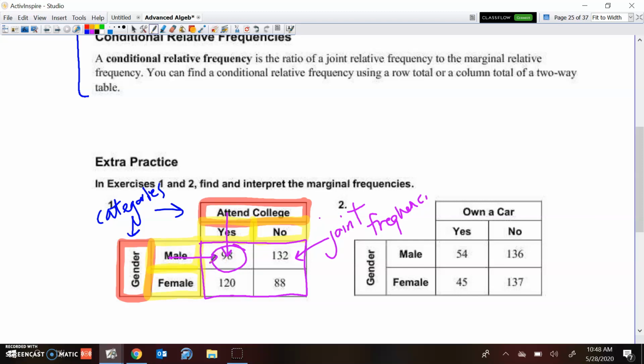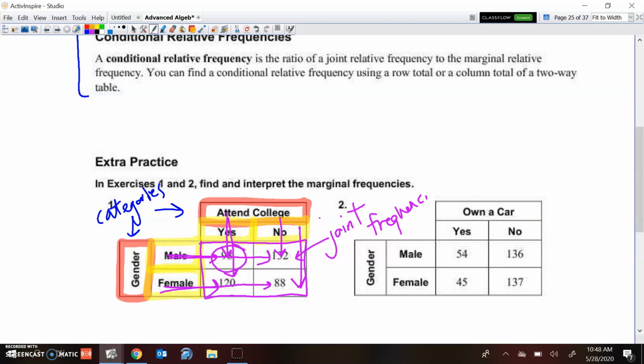That's how you would read that. There were 132 male people that said they did not attend college. For this joint frequency, there were 120 females that attend college, and then there were 88 females in this survey that did not attend college.